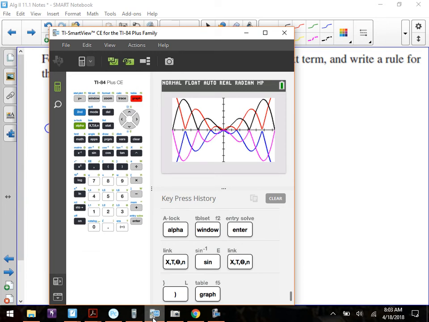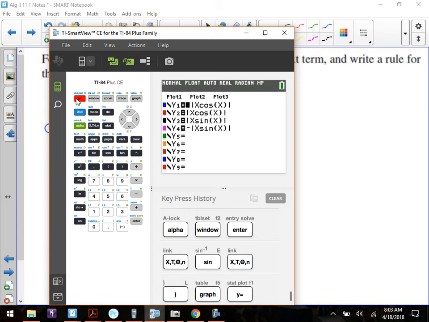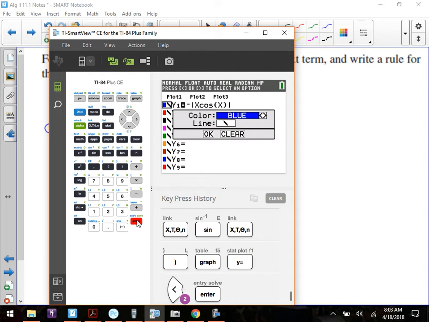Remember we did that the other day? Dampened sine functions? So what I did here is I dampened the sine functions with cosines and sines, positive and negative absolute values, and it looked really cool. I could shade all of it too. Why not? How would you shade it? Press a button.